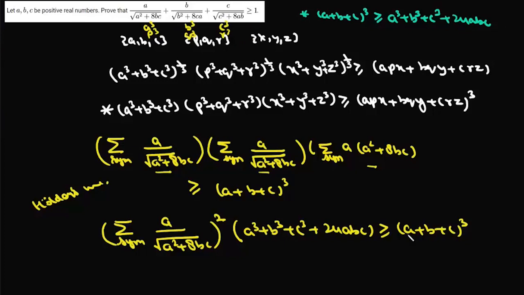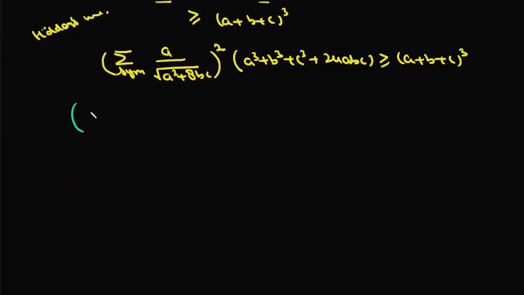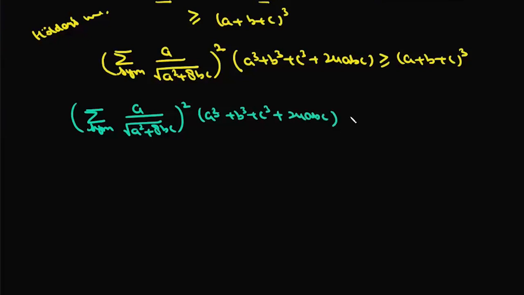Now using this result here, we can write this symmetric sum of a upon under root of a square plus 8bc, whole square, into (a cube plus b cube plus c cube plus 24abc) will be greater than or equal to this expression, that is greater than a cube plus b cube plus c cube plus 24abc.